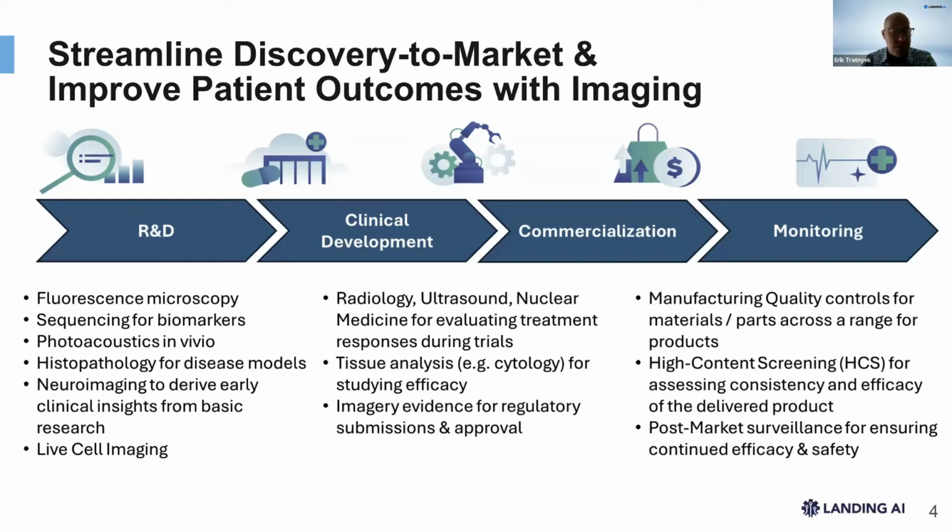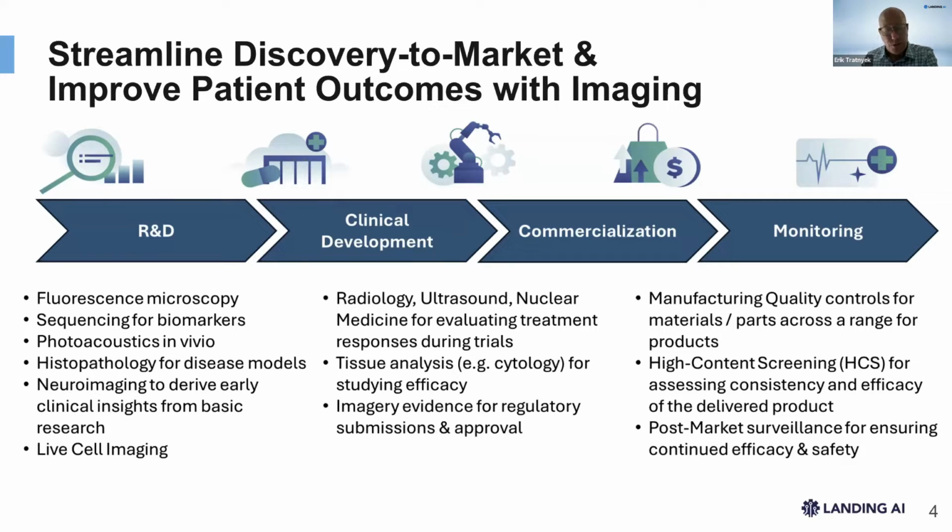You might see live cell imaging like you did on the prior image here. And then through the clinical development process, again, it's radiology, ultrasound, nuclear medicine. You'll see lots of histopathology and cytology for studying the efficacy of various drugs. And imagery evidence is also prevalent as part of the regulatory process.